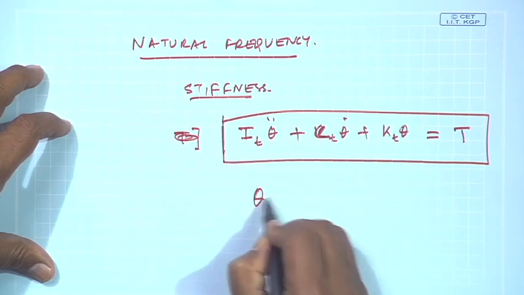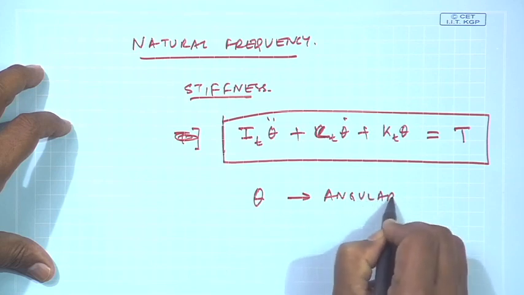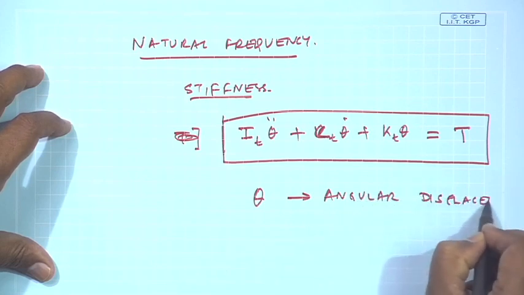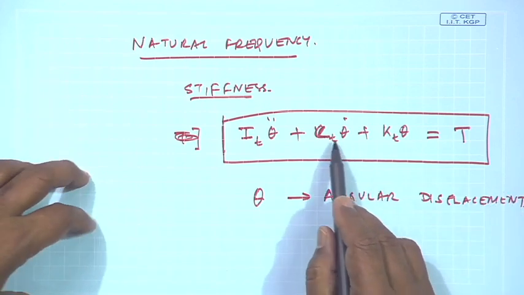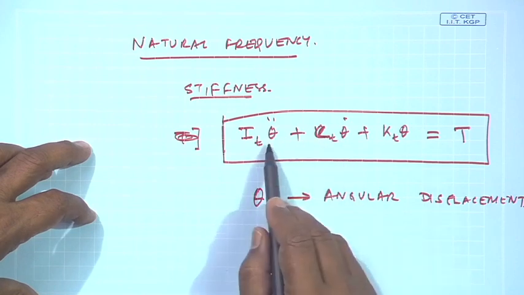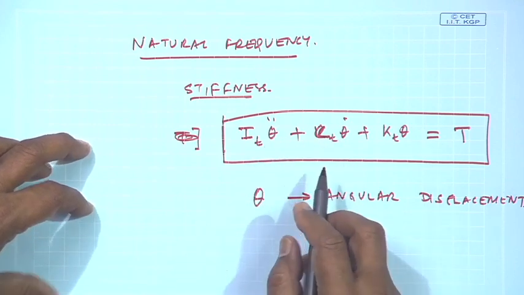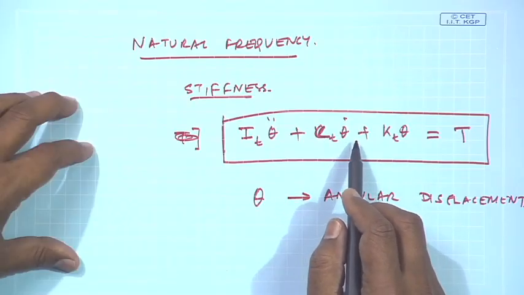Here theta is the angular displacement, and the subsequent derivatives are the angular velocity and then angular acceleration. So, even in rotating shafts, I would not like to have high motions or unstable motions or large motions, and so on.